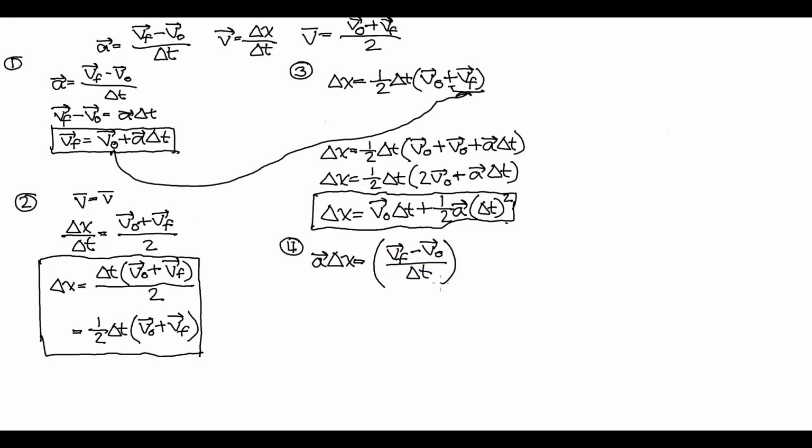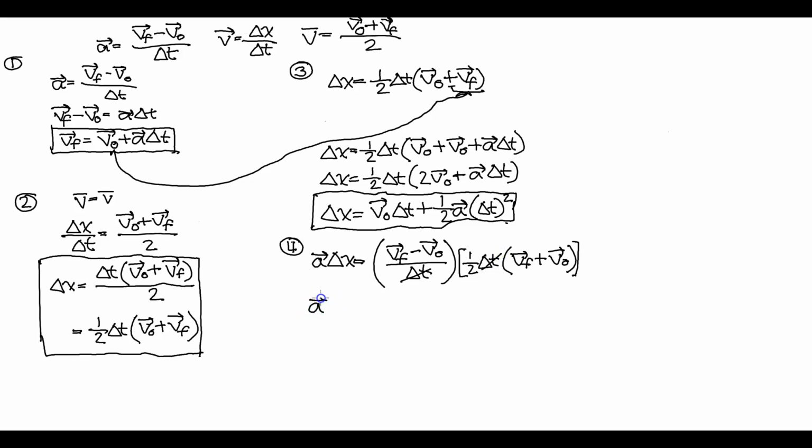And for delta x, we put in the second equation, 1/2 delta t times vf plus vo. You might see these delta t's will cancel.